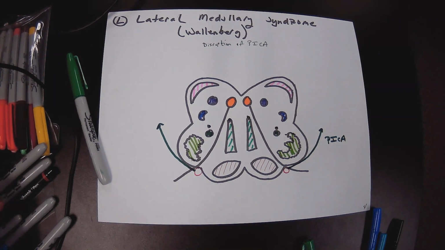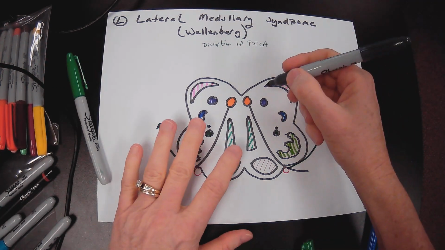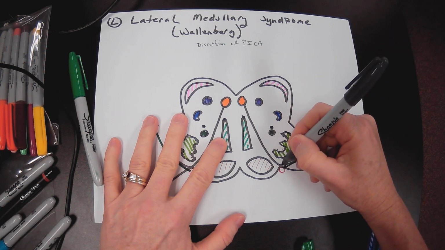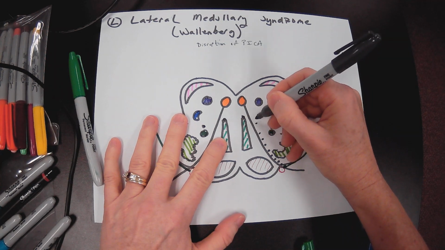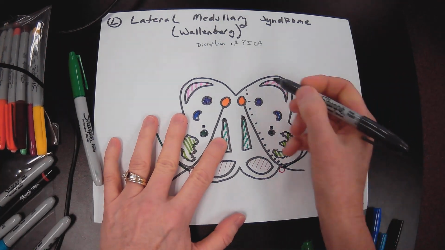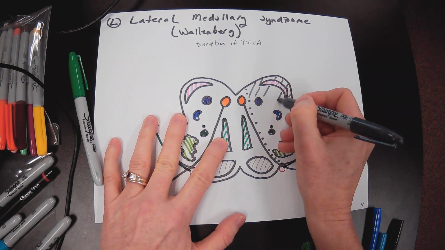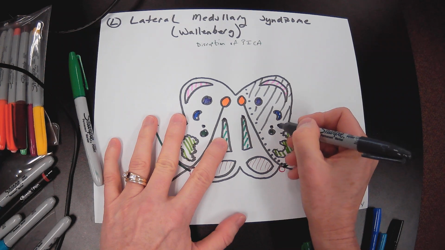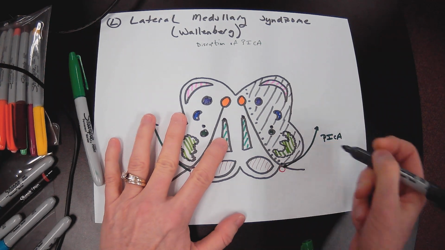So the territory for PICA is the lateral medulla. And here I'm going to just delineate the part that's associated here. So all of this region is going to be affected, and all the tracts and all the nuclei are also affected.